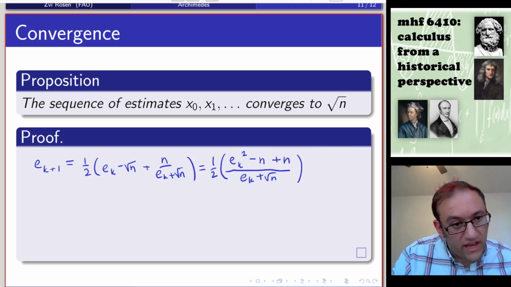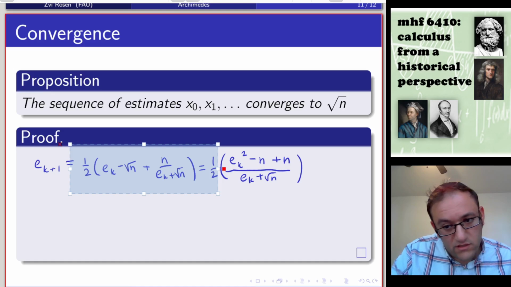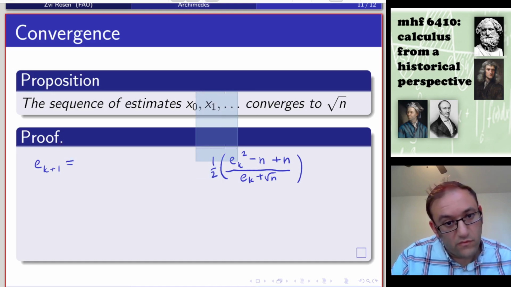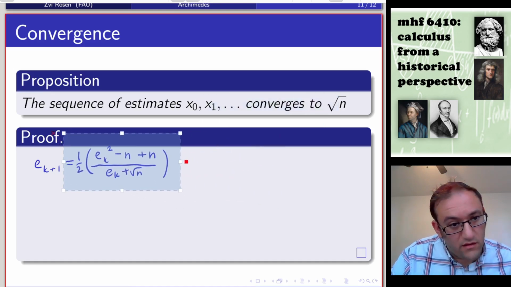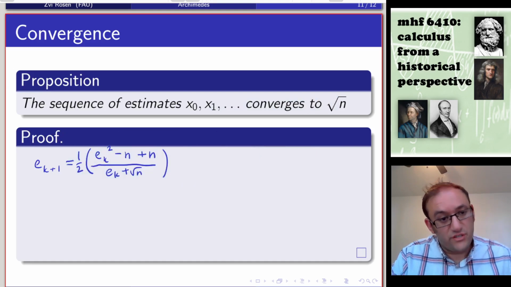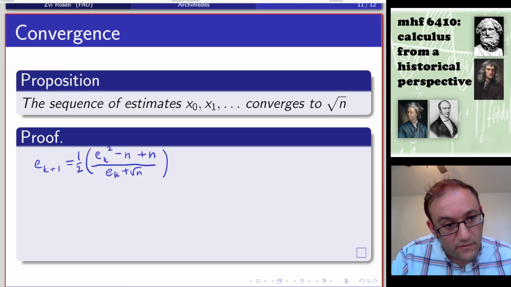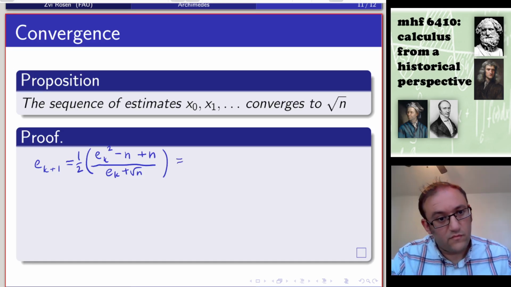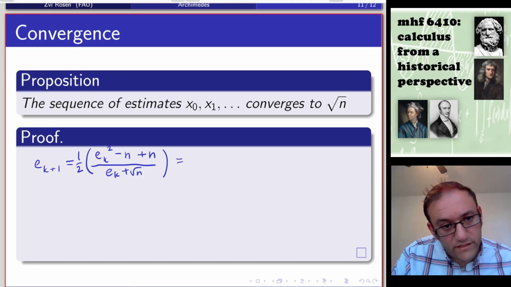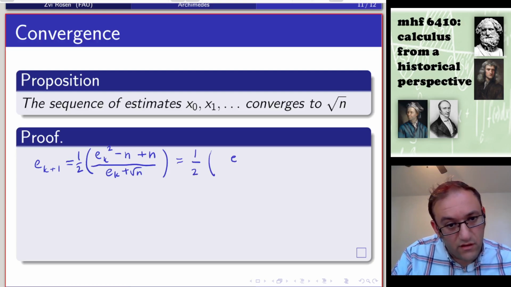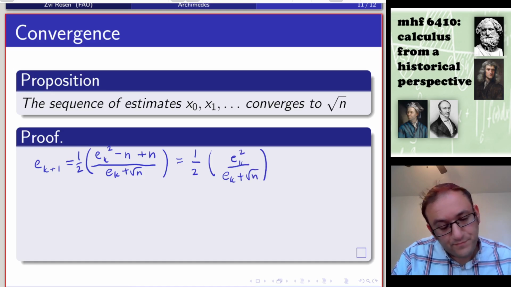We have this expression for our e_{k+1}. We can cancel the n's to leave 1/2 e_k squared divided by (e_k plus the square root of n).